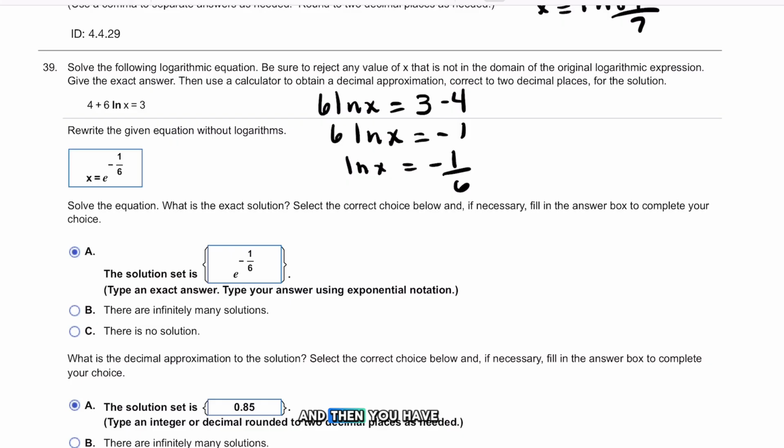And then you have to do the opposite of what you did before, e to the ln of x. You have to raise both sides the same way as you did the ln of both sides. And then x equals e to the -1/6, and then you just put that in a calculator.